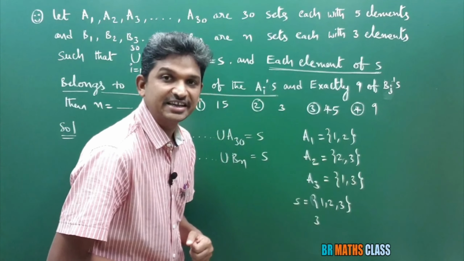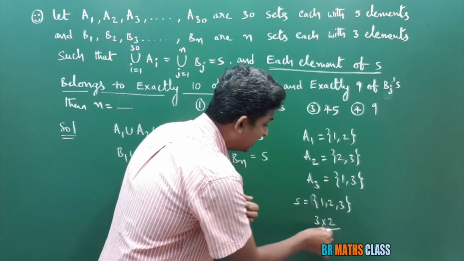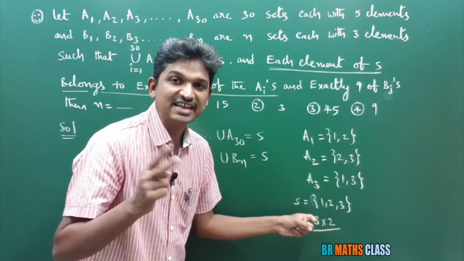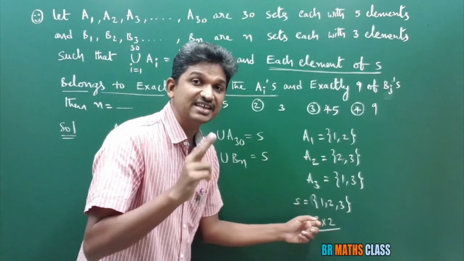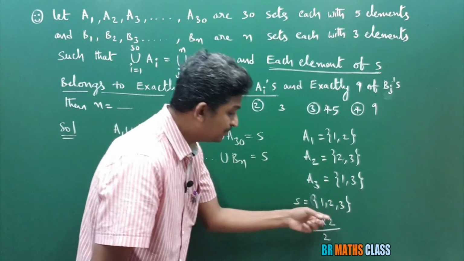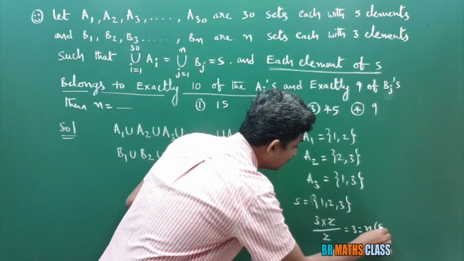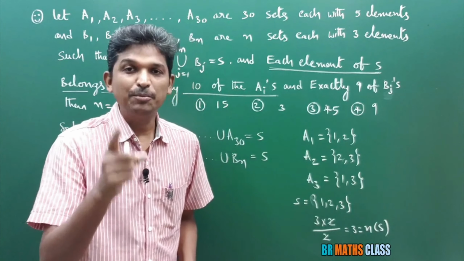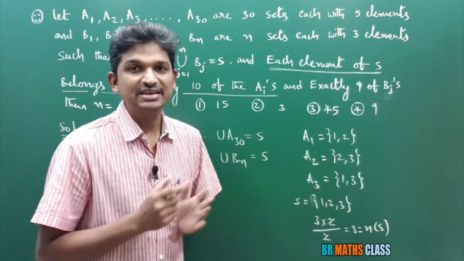Each set contains 2 elements, so 3 into 2, divided by, the condition here, each element of S is in exactly 2 of the A_i's, so I divide by 2. Simplifying, the number of elements in S is 3. This is the formula to calculate the number of elements in S. This is the smaller example I took to understand things more easily.